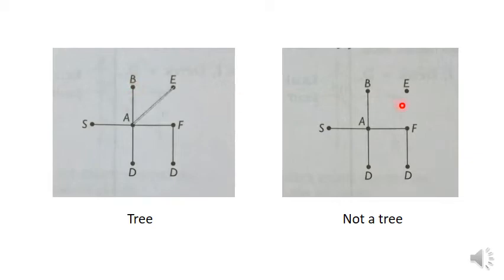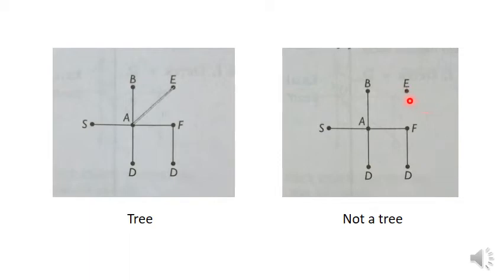Okay, next, look at the next graph. There is one vertex, that is vertex E, that is not connected with other vertices, right?